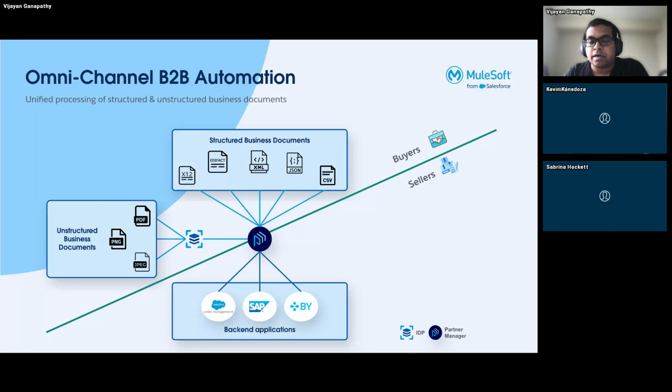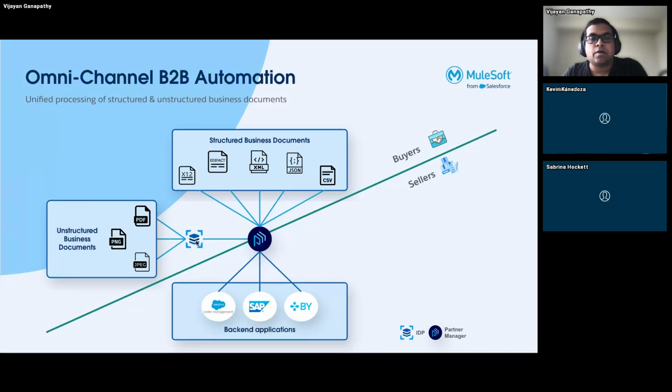With the upcoming MuleSoft IDP, which is going to be launched later this month, we are also able to extract information out of PDF-based purchase orders or invoices, or image-based purchase orders or invoices, and convert them using an AI-enabled mechanism and turn them into a computer-readable and processable message.